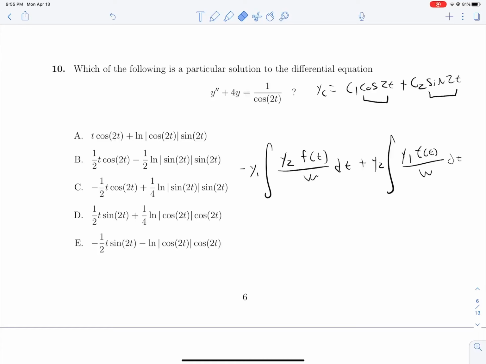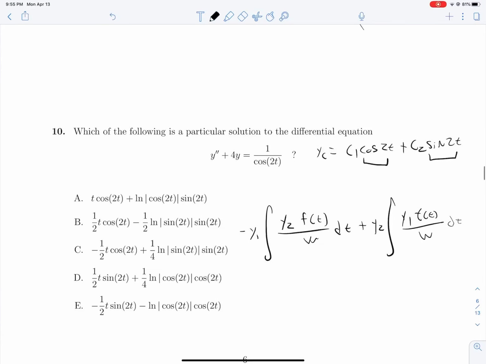The only thing left for us to do is find this Wronskian. The Wronskian is the determinant of the matrix formed by our two fundamental solutions, so cosine 2t, sine 2t, and then their first derivatives, so negative 2 sine 2t and 2 cosine 2t.